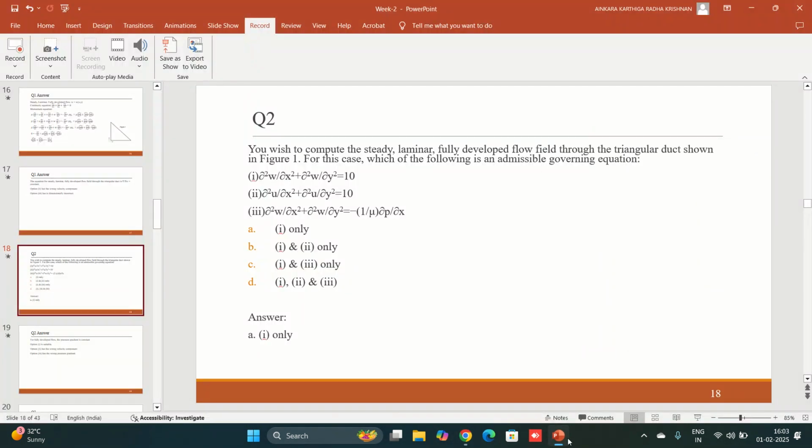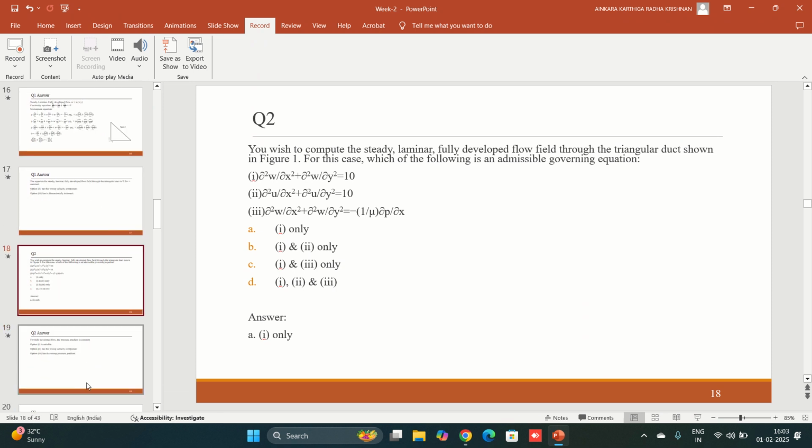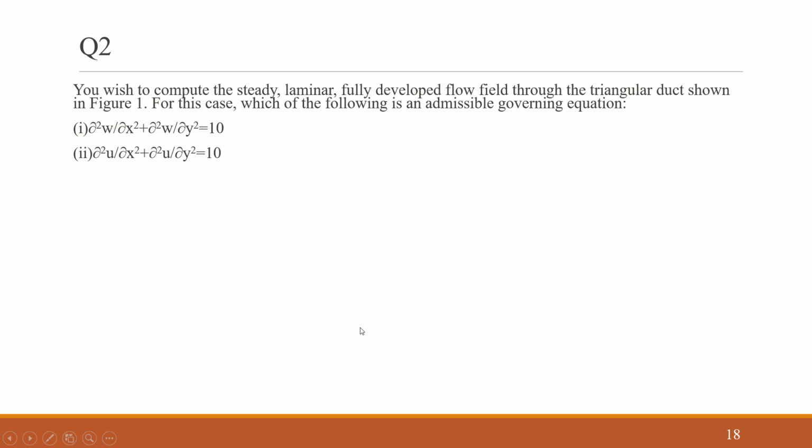A is the answer. Option A is the answer actually, because the pressure gradient can be constant.